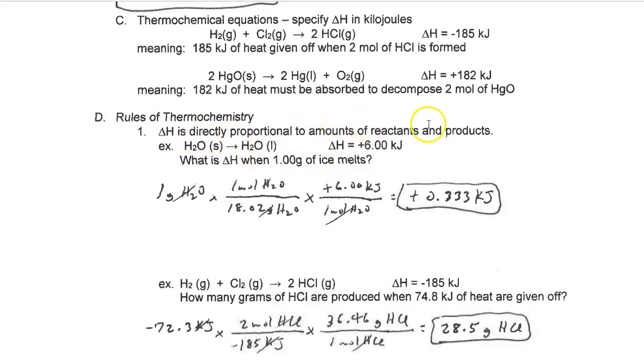Your thermochemical equation gives you the relationship between moles of stuff and kilojoules of energy, kilojoules of heat given off or taken in. So, according to my little equation here, for every 1 mole of ice that I melt, it's going to take 6 kilojoules of energy. If I can somehow get to moles here, I can get to kilojoules, but I'm in grams. So how do I get from grams of ice to moles of ice? What do I use?